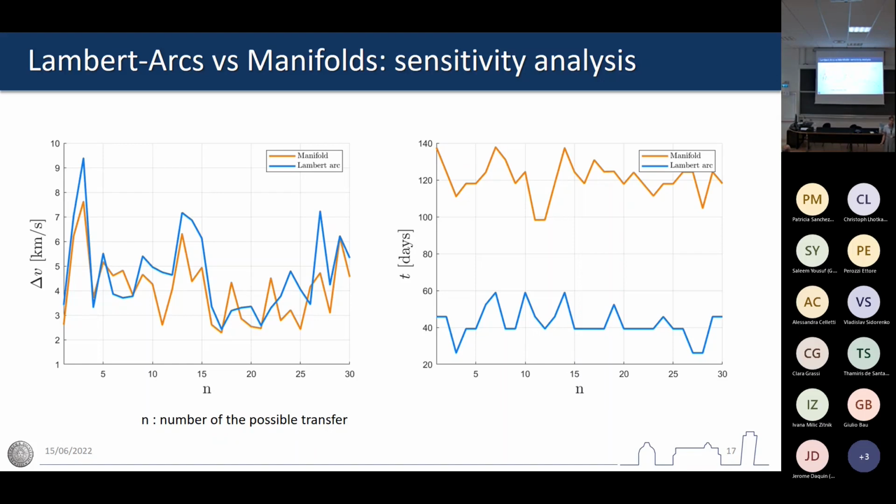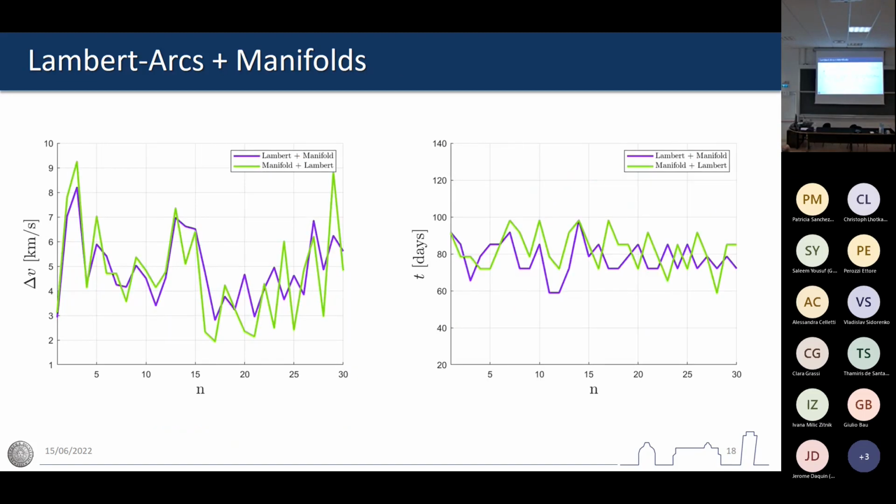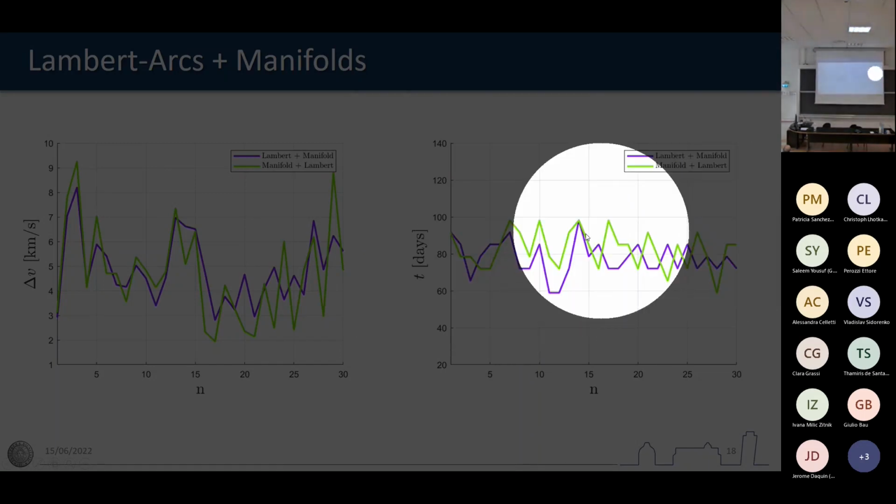This is the problem we all have. We want to go somewhere, we want to go there fast, but we don't want to spend that much. And these are the results. With this combination, we are able to reduce the time of flight.